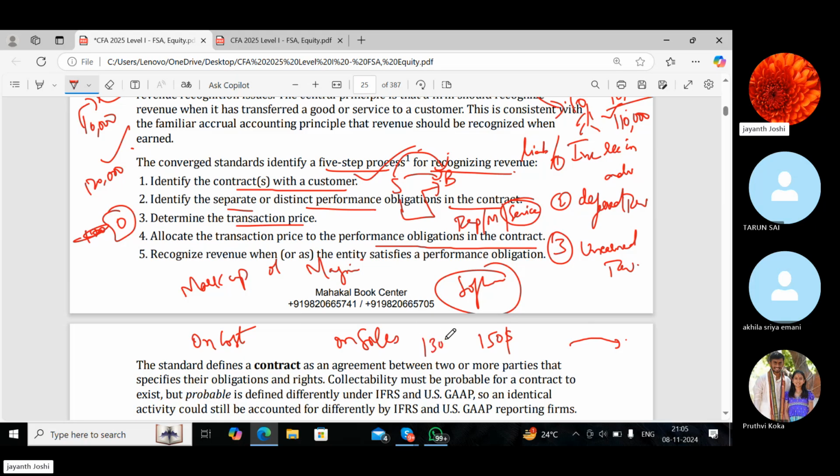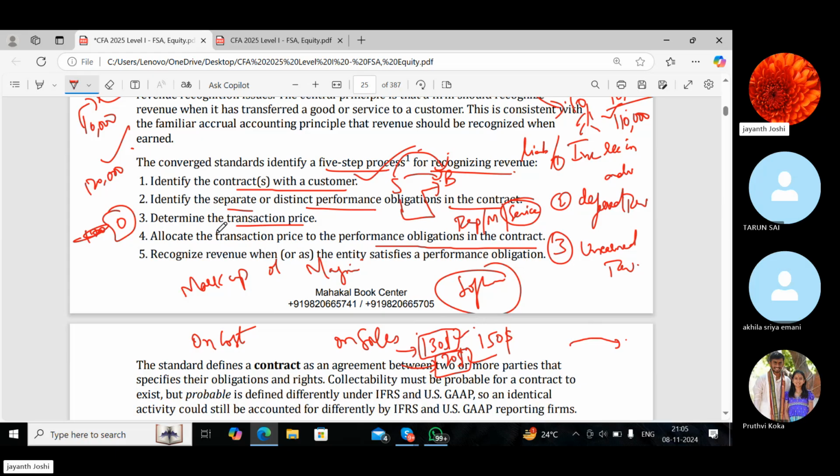Let's say $130 for sales and $20 for a distinct performance obligation. This 130 goes for the direct sale and 20 goes for the distinct or separate performance obligation. So this is the allocation of the transaction price for a particular service you are providing, for which you are charging, and for the particular good you are selling to the customer. What belongs to what, you should put in that slot.